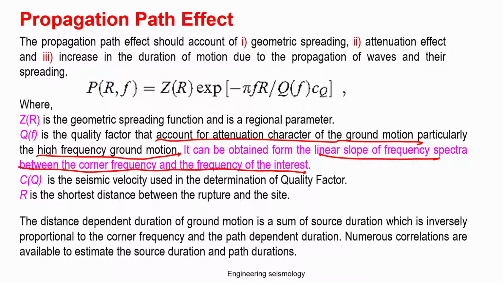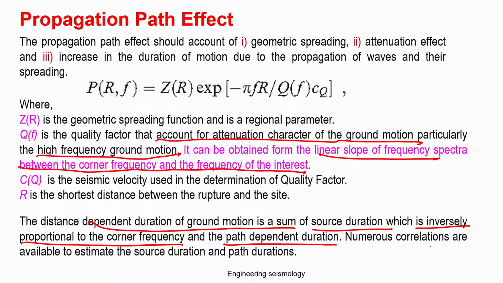C_Q is the seismic velocity used to determine the quality factor. R is the shortest distance between the rupture and the site. The duration of ground motion depends on the sum of the source duration, which is inversely proportional to the corner frequency, and the path dependent duration.